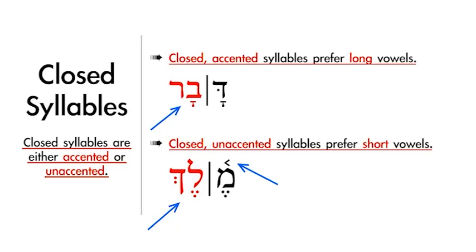If you compare these 2 examples, you'll see that they occur in 2 different environments. The top example is closed and accented, so it must take the long vowel. The bottom syllable is closed and unaccented, so it takes the short vowel. If you can take those 2 examples and compare those forms and know those 2 rules, then you know how closed syllables work. Closed accented long, closed unaccented short.